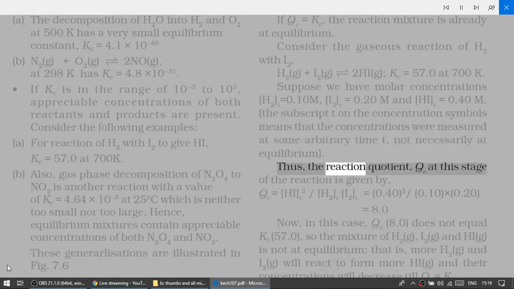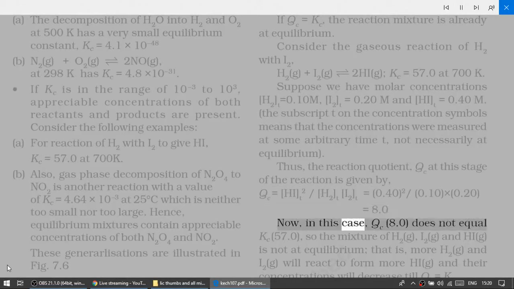Thus, the reaction quotient Qc at this stage of the reaction is given by Qc = [HI]t²/([H2]t[I2]t) = (0.40)²/(0.10 × 0.20) = 8.0.